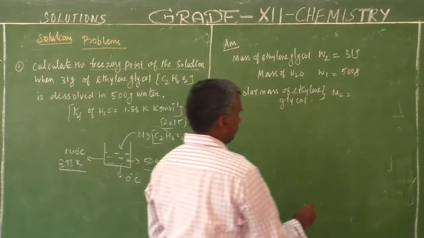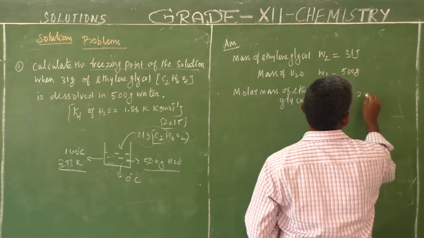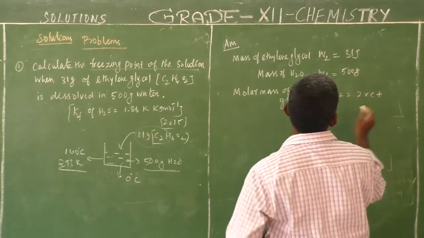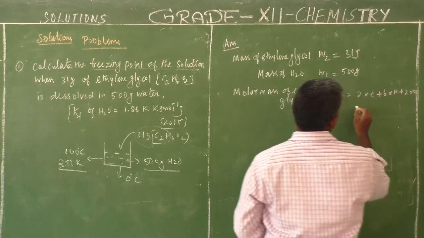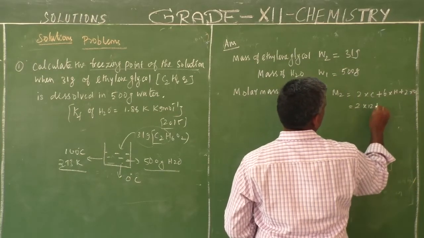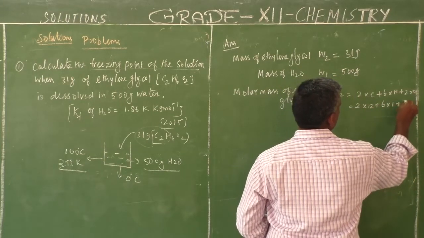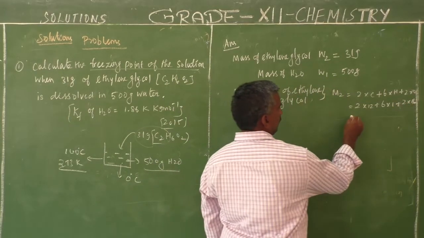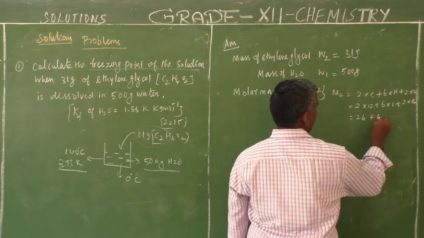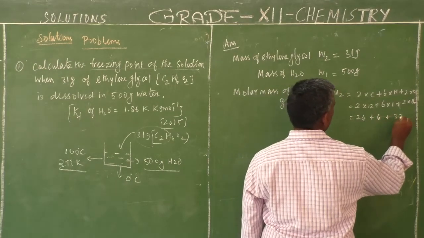Two carbon plus 6 hydrogen plus 2 oxygen. Carbon is 12, hydrogen 1, oxygen 16. 2 into 12 is 24, plus 6, plus 32.